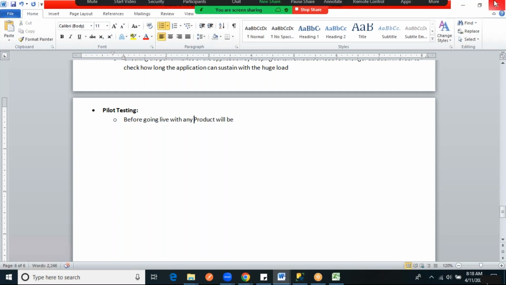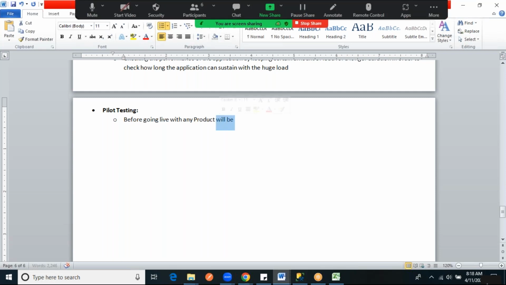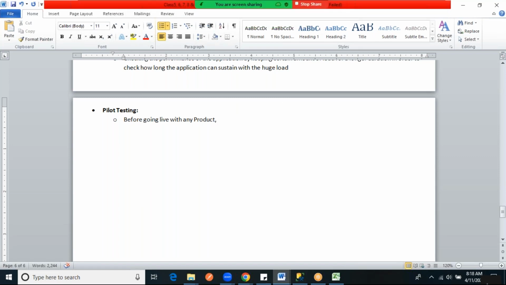the product business people will ask a few identified groups of people to test the application with real data in the real-time environment.